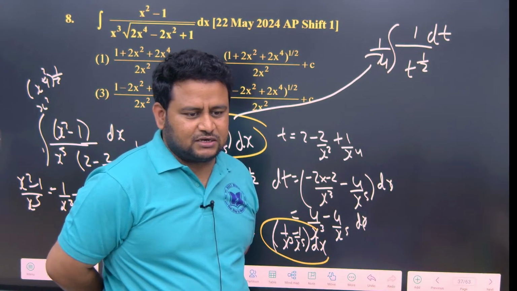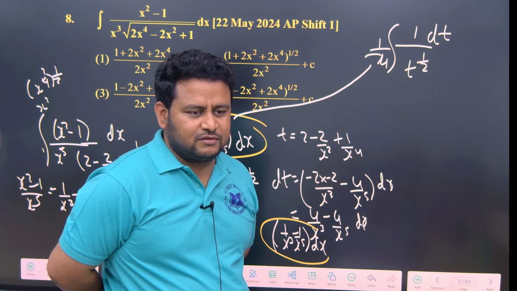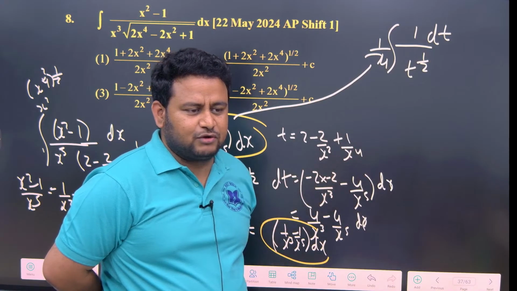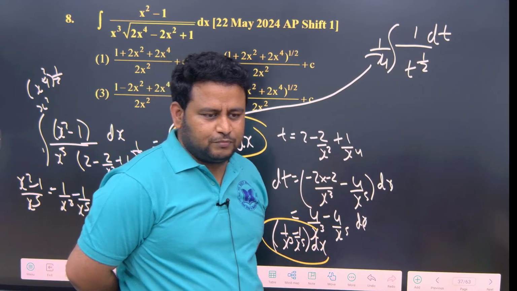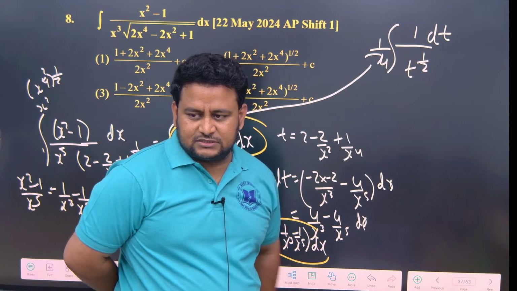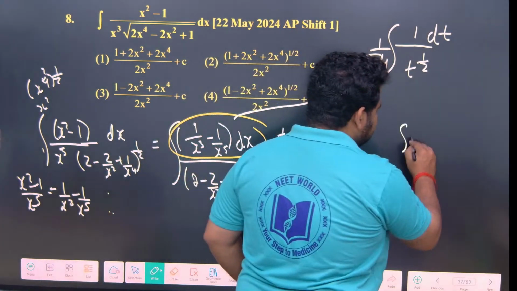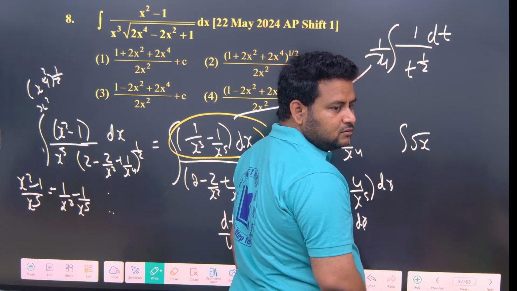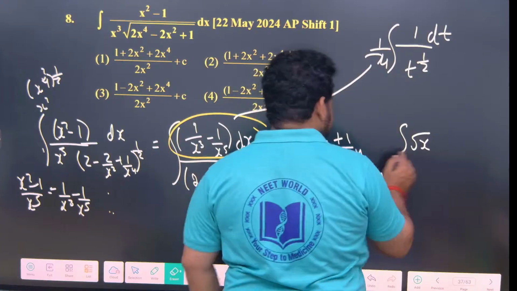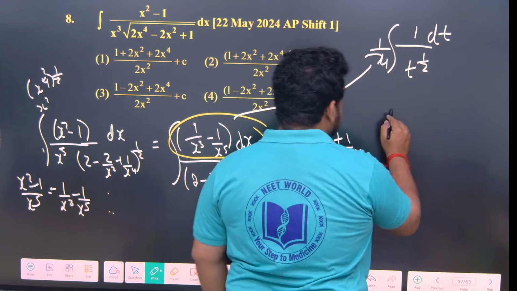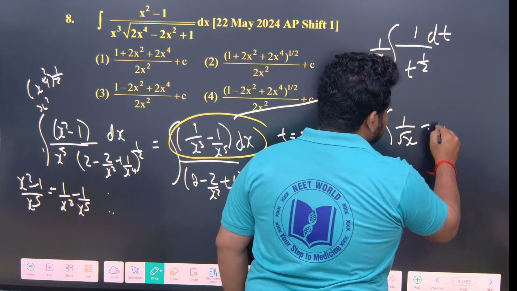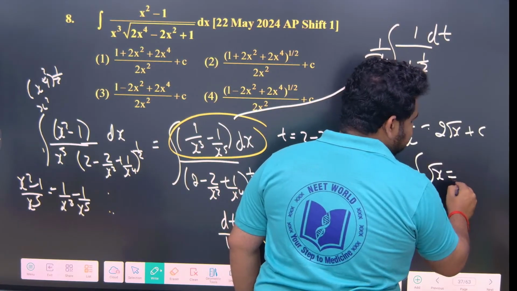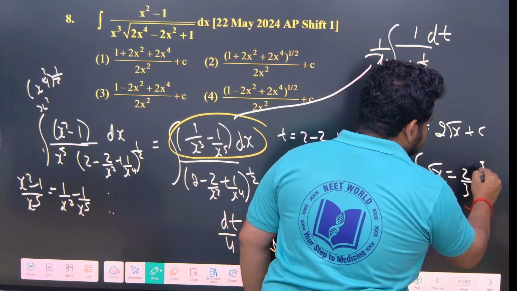See, the integral of 1 by root x is 2 times root x plus c. If I say the integral of root x, it is 2 by 3 x power 3 by 2 plus c.